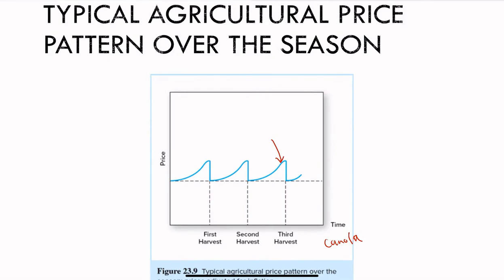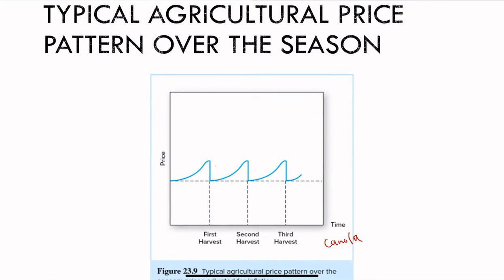Now it basically means you will not want to buy here. So you will not want to buy here, right? The reason is because if you buy at this point of time, then you have to pay some carrying cost. So a better choice for you, if you will use canola at this time, is to buy it at this later time.